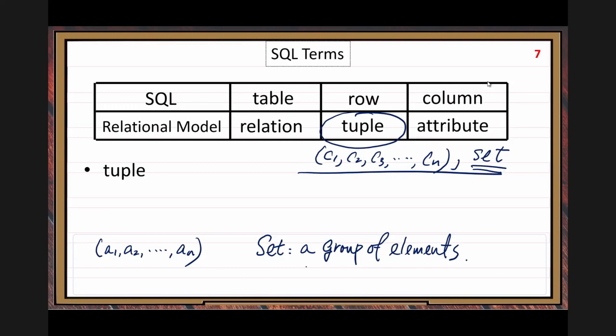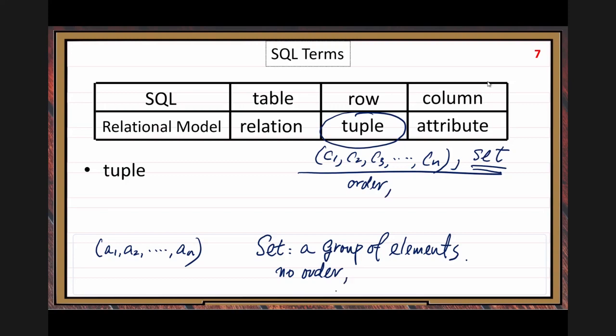In a set, there's no order; order doesn't matter. If you change the order, it's the same set. But in a tuple, order matters. If you change the order, you get a different tuple. So that's one property: order.